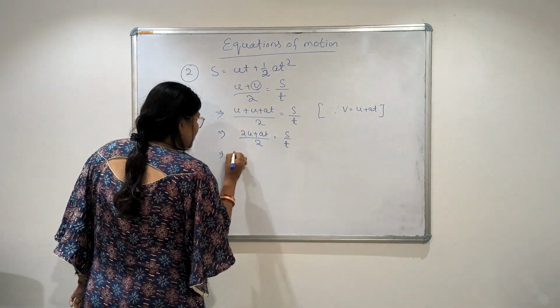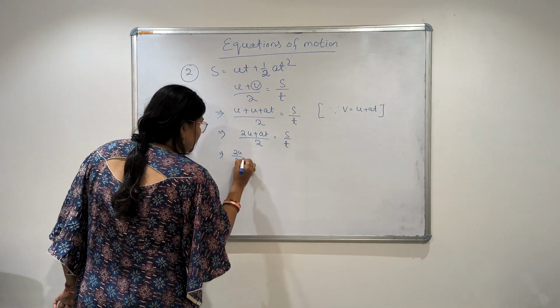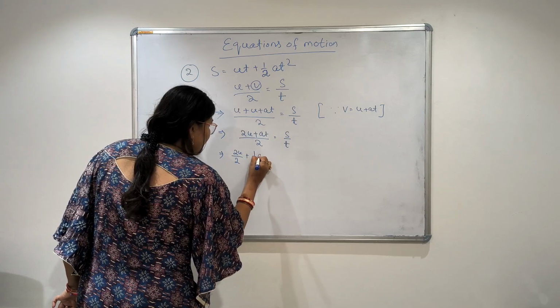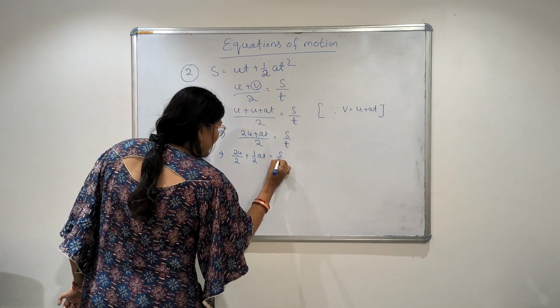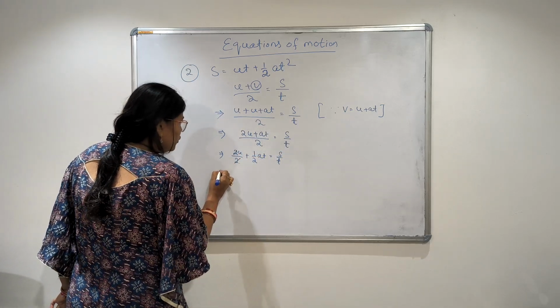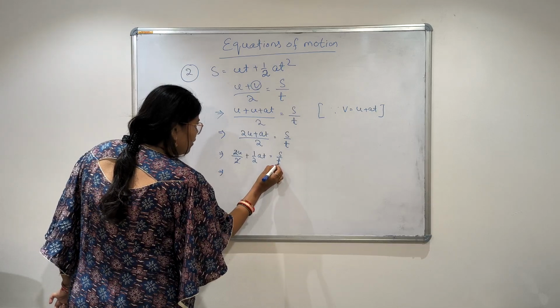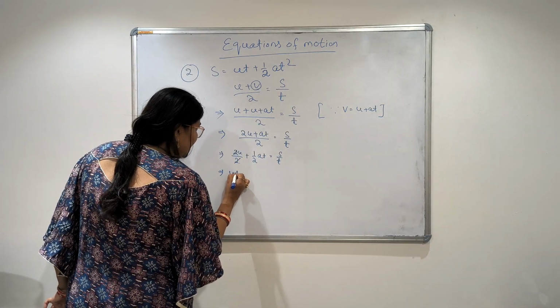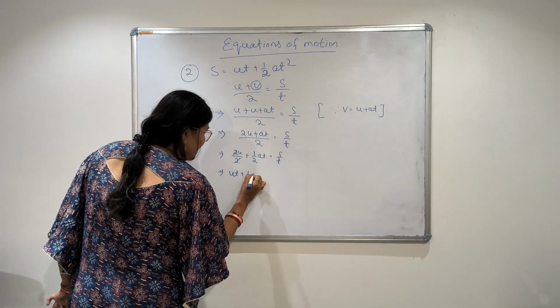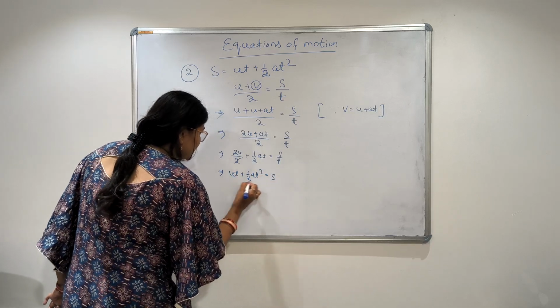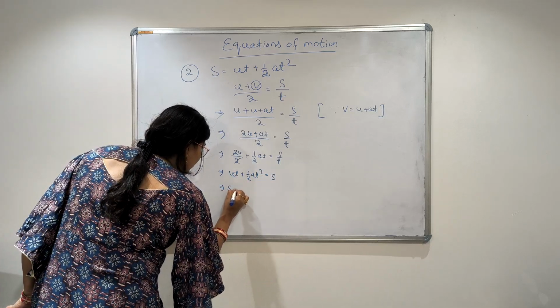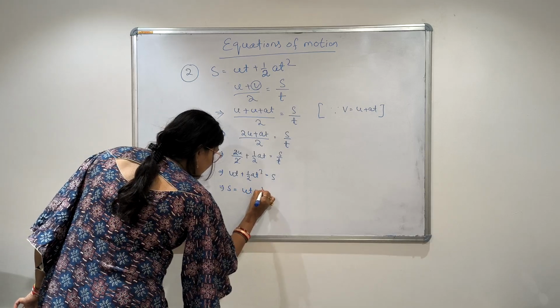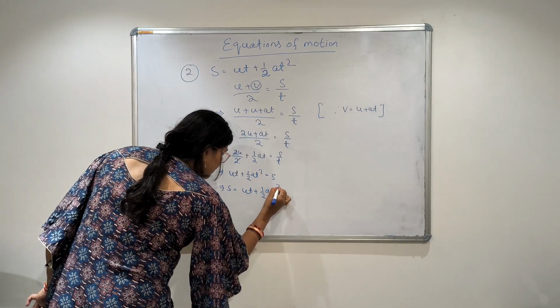So this implies 2u divided by 2 plus half at is equal to s by t. Here 2 cancel. So now I can multiply t here in LHS. So ut plus half at square is equal to s. Now s is equal to ut plus half at square.